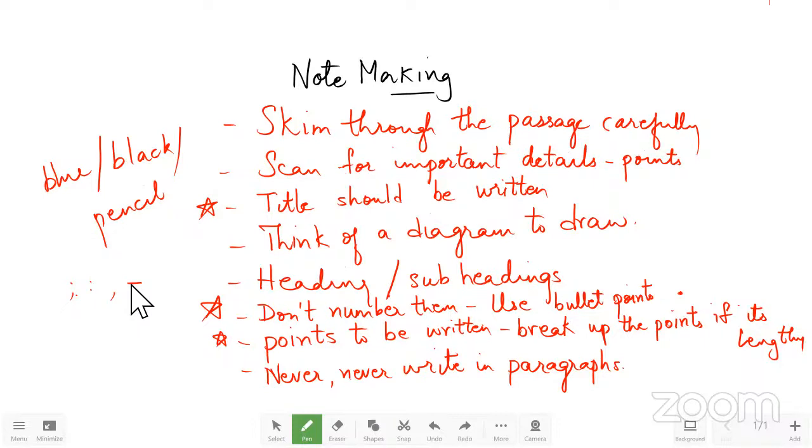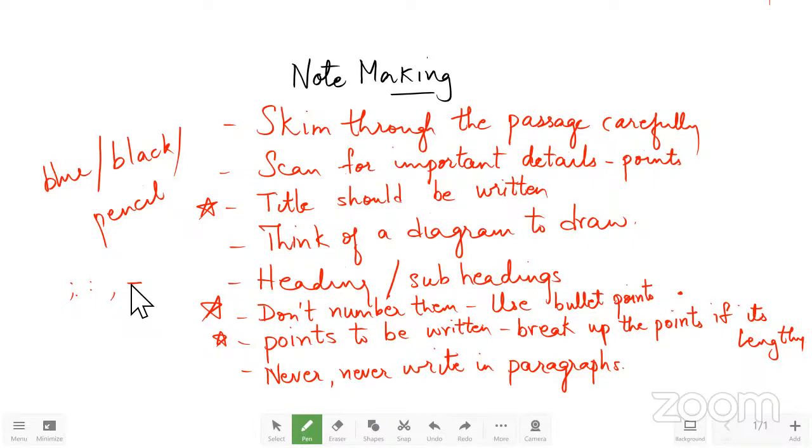Be thorough so that when you get the passage, it just takes you a minute to skim through and understand. You have already practiced. You already know what type of diagram you are going to draw. So you will not be wasting any time.